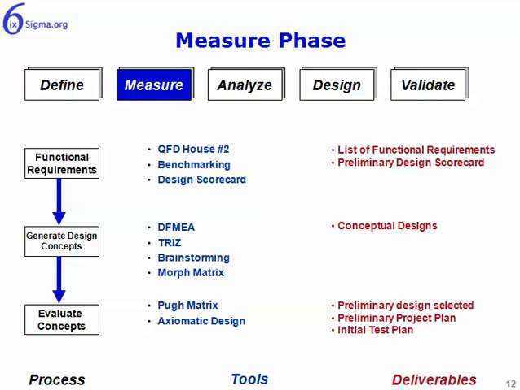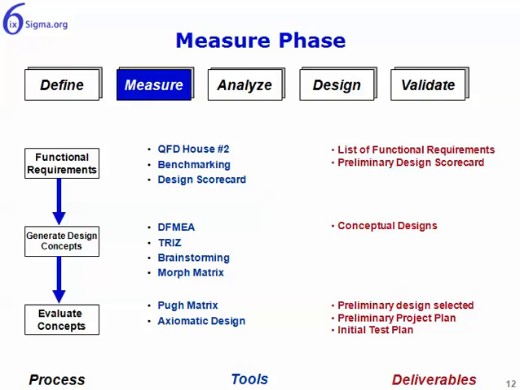We can then generate some design concepts, and we can use some tools here to help us come up with some potential design concepts. These are sort of back of the napkin preliminary thoughts on how to solve the problem or the need of the customer.